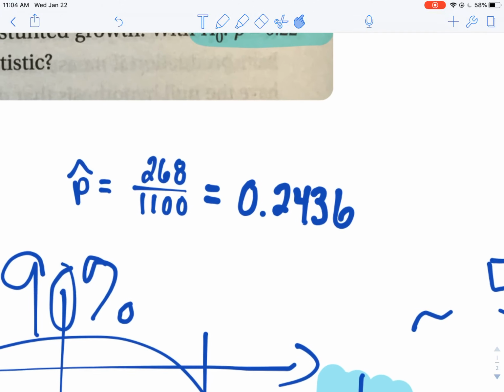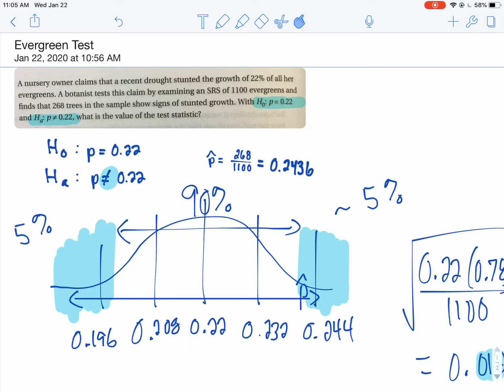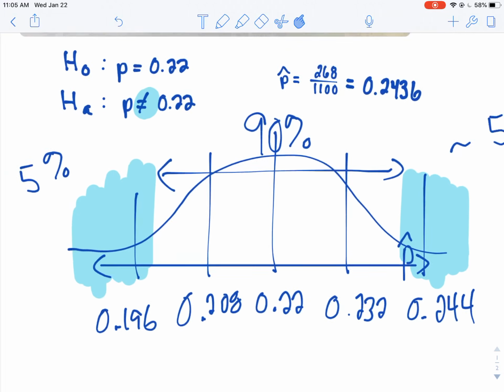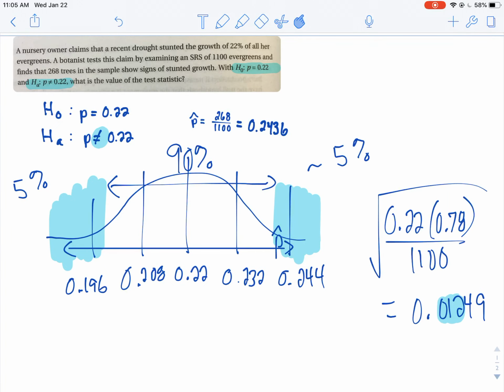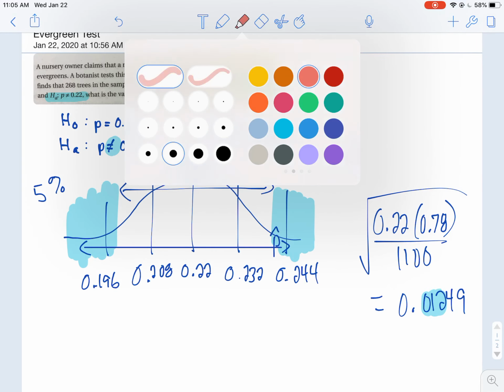So you'll notice what I did here was I calculated my statistic. My statistic was about 24%, 24.36. I also built a sampling distribution based on my null hypothesis. Because again, we're trying to find the likelihood of getting the statistic we got, assuming that our null is our parameter.